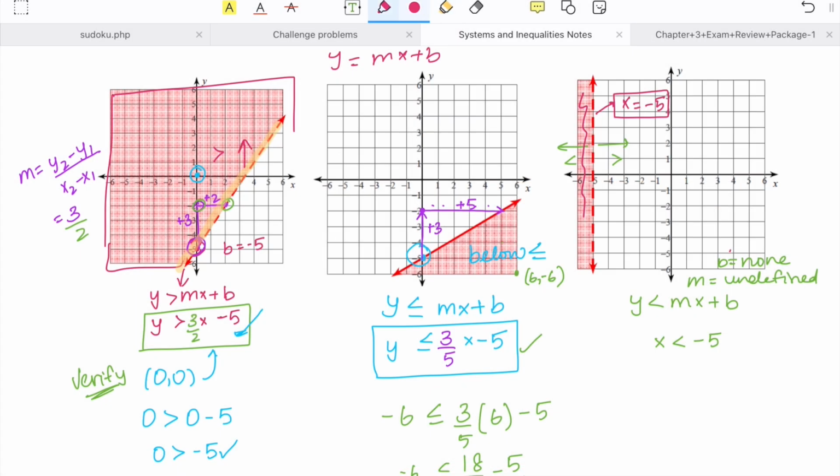So it's shaded above, that means it will be greater than. And because it's broken, there won't be an equal to sign. Now you just find the slope and the y-intercept. Your y-intercept was minus 5, so you replace it by minus 5. Your slope, you go up 3 and right 2. That means it's 3 over 2, and y is greater than that.